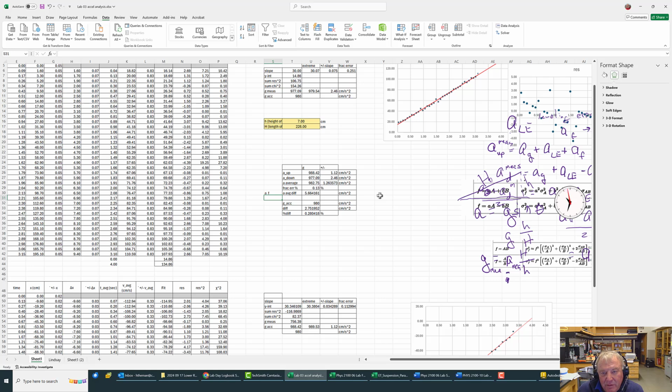So the difference between accepted and measured is 2.7, and that's at 0.28% apart.